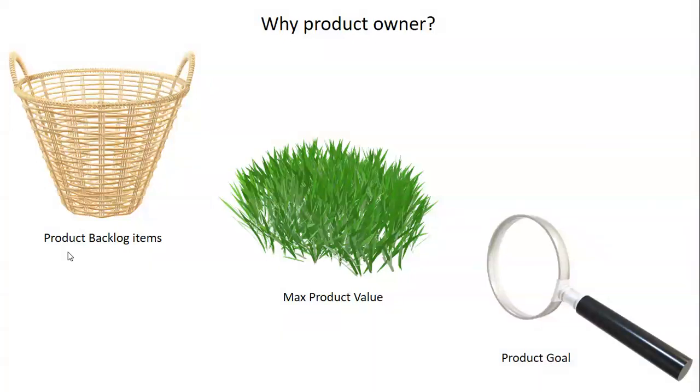We should focus on what we have and deliver that. So these were the three reasons why we need the product owner. He will ensure these three topics: manage the product backlog, maximize the product value, and always focus on the product goal. Now, how he will do it, we will discuss.